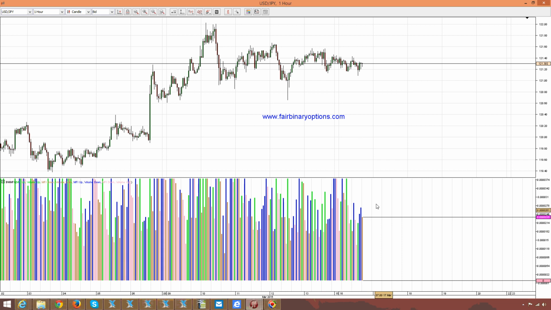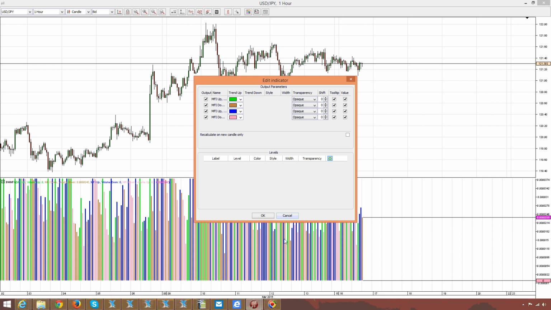First of all, we have to know what these colors represent. If you right click on it and then go to edit indicator, you see that with the green color we have MFI up, volume up. That is automatically a bullish candle. Then you have MFI, or the market facilitation index, down, volume down, then definitely that is an important candle.